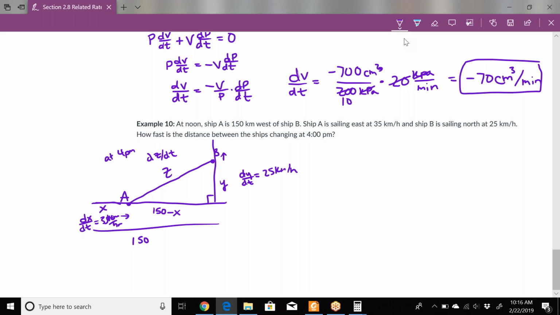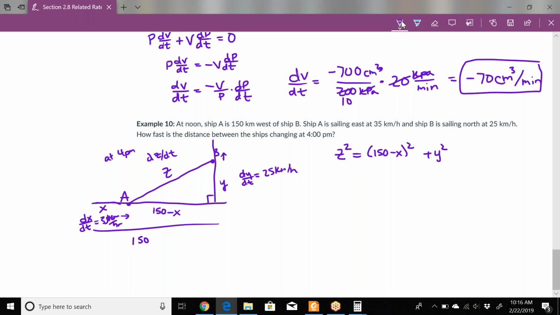So when I write my formula, it's going to be z squared equals, because that's my hypotenuse, 150 minus x squared plus y squared. So it's still the Pythagorean theorem. It's just because of this time lapse that we were already made aware of, we had to describe this part down here a little differently.